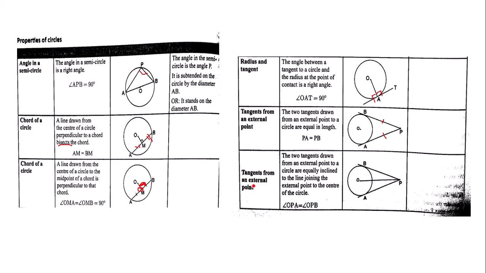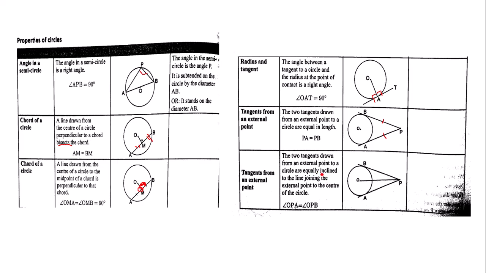Tangents from an external point, that's the same theorem, but now it's extended a little bit. The two tangents drawn from an external point to a circle are equally inclined to the line joining the external point to the center. This is the line to the center. Okay, equally inclined.